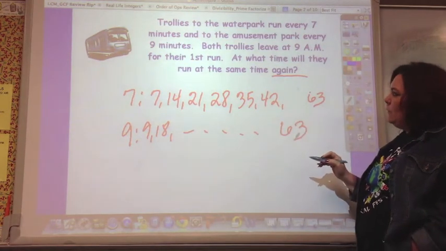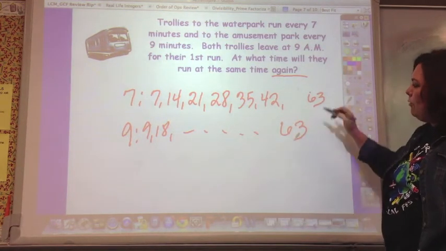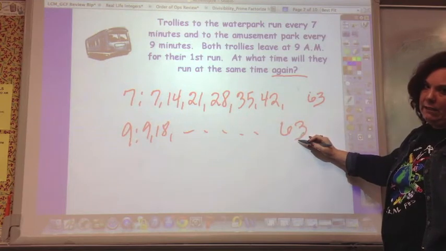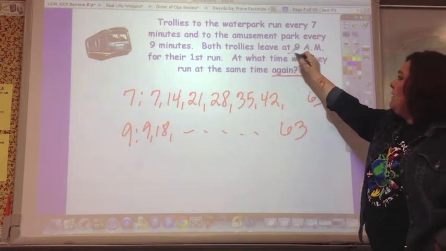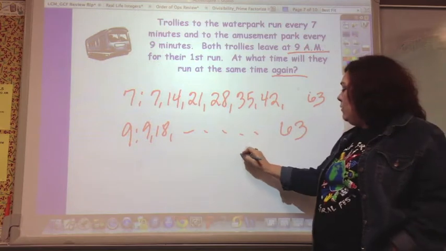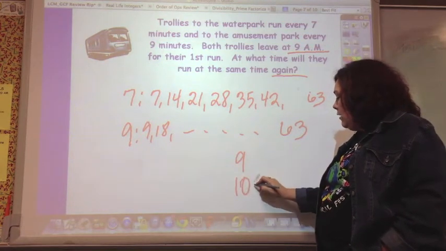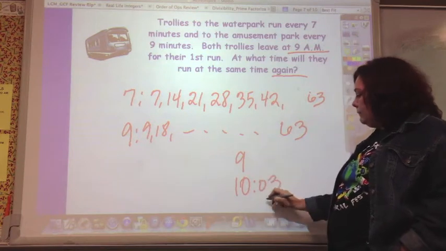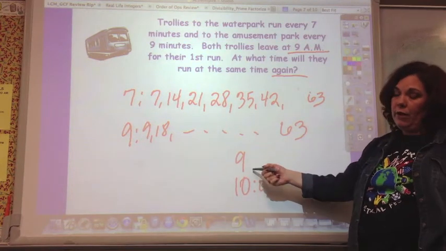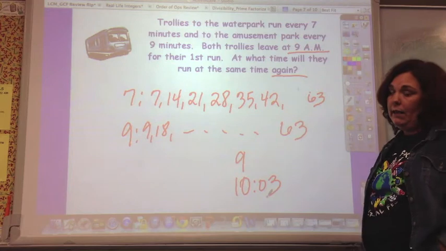So that's really 1 hour and 3 minutes, because 60 minutes in an hour. So they leave at 9, so if I add another hour, that's 10 and 3 minutes. That's 63 minutes after 9, so they'll run at the same time again.